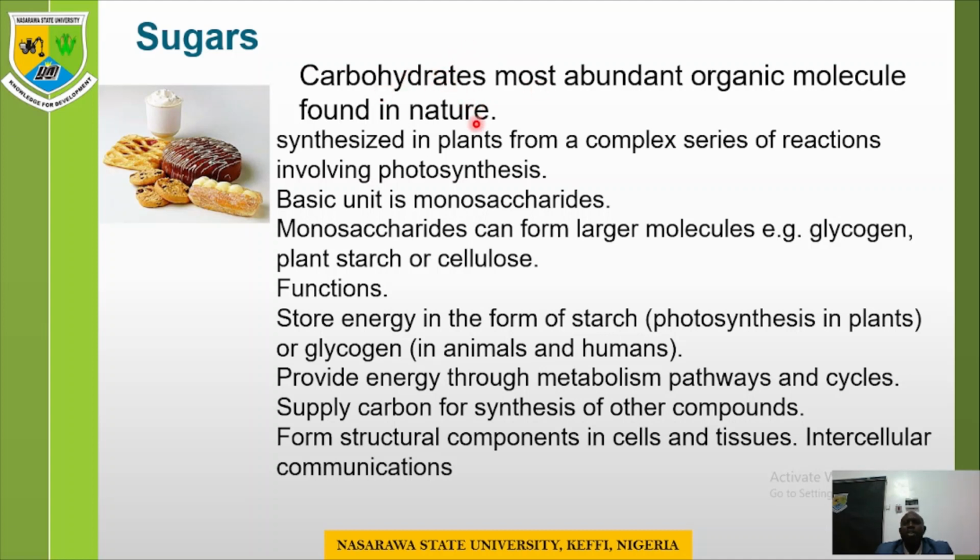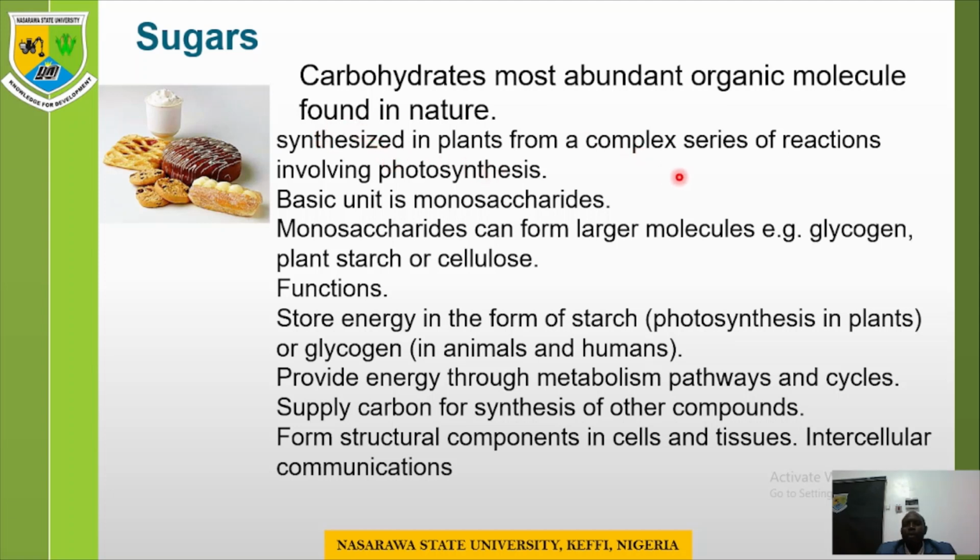It's the most abundant organic molecule in nature. Carbohydrate is the most abundant. Every form of life depends on carbohydrate. Without carbohydrates, no survival.